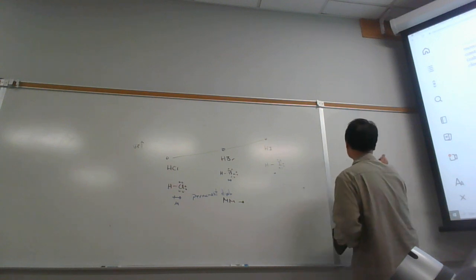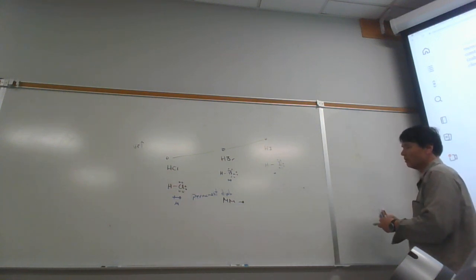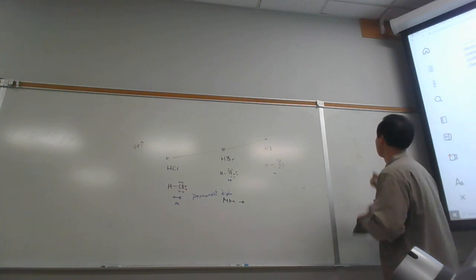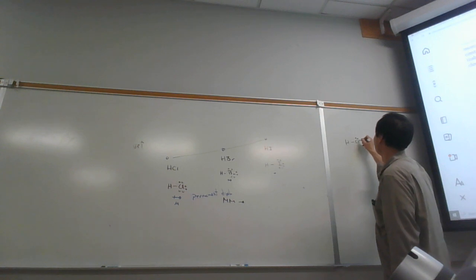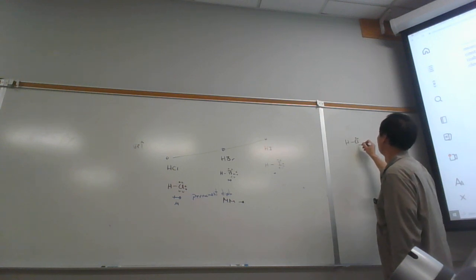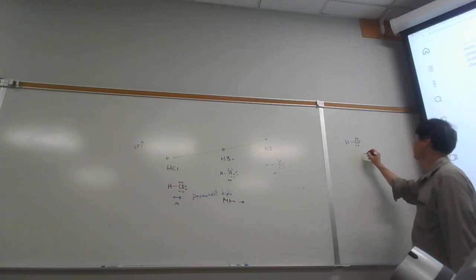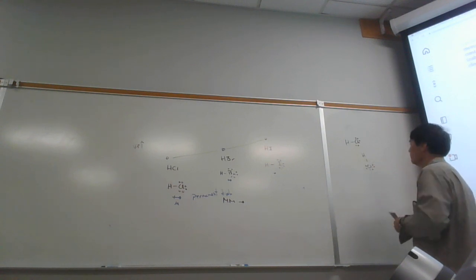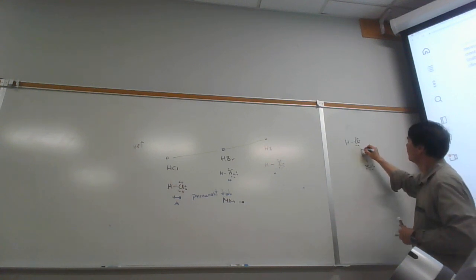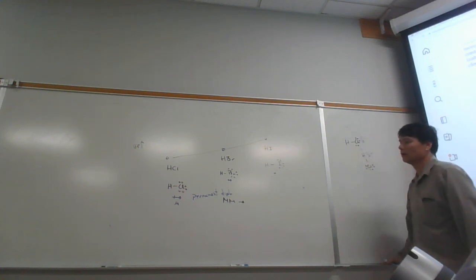And so which one will have the strongest dipole-dipole attraction will be the one with the greatest dipole. If I think about it, HCl should have the strongest dipole-dipole attraction. That is, the delta minus here is going to be attracted to the delta plus here.